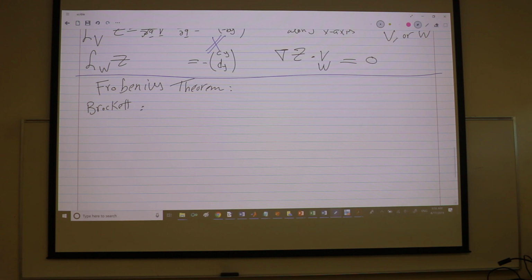Roger Brockett says the following, that the Frobenius theorem to control theory is like the Cauchy-Lipschitz theorem to ODEs.